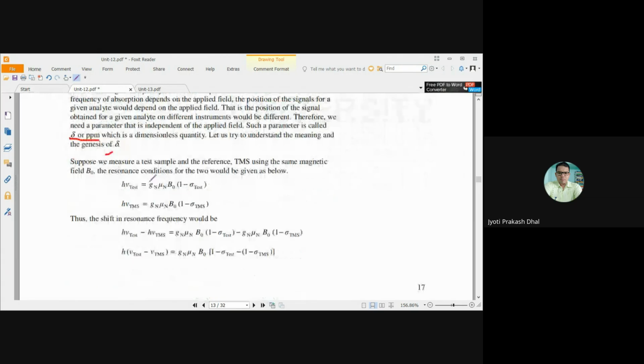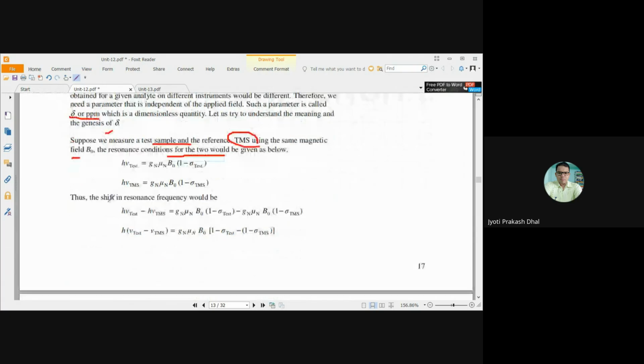Suppose we measure a test sample and the reference is TMS using the same magnetic field B naught. For the resonance condition of the two, we know that h nu test equals gamma n h mu n B naught into 1 minus sigma test. This is the test sample, which will undergo resonance at a particular frequency.